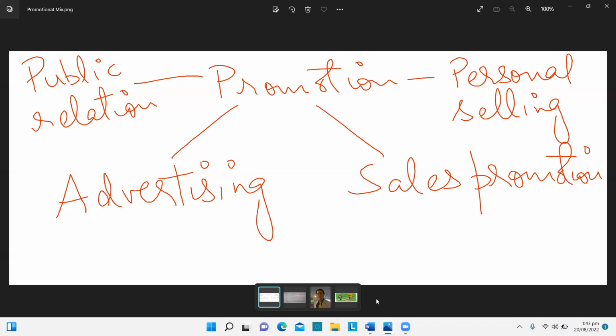This establishes a good reputation and relationship with people, because people feel they always come out with the sort of products we like, and they always inform us beforehand so that we can buy the moment they are launched in the market.